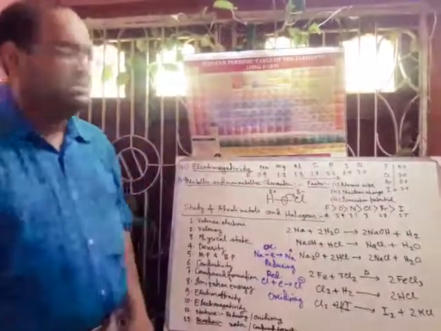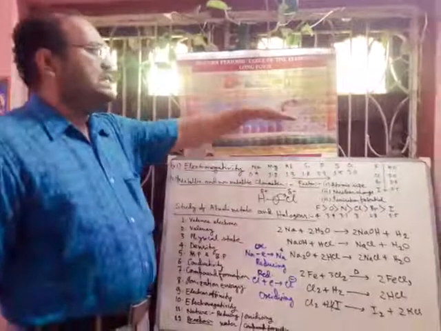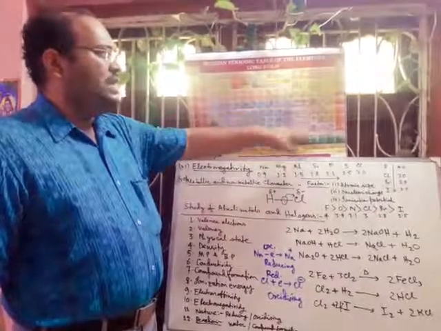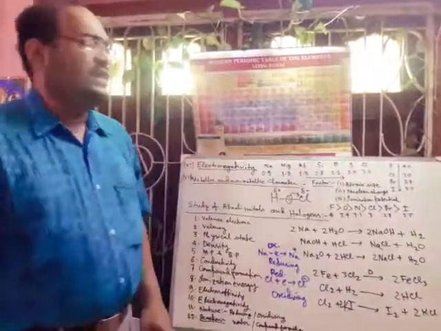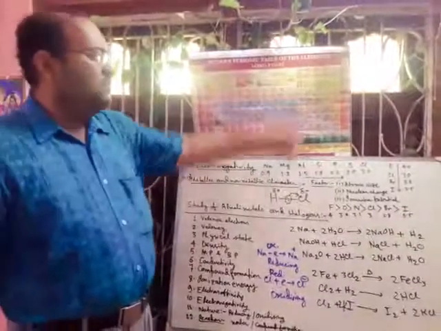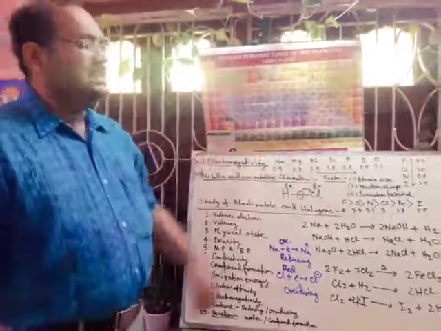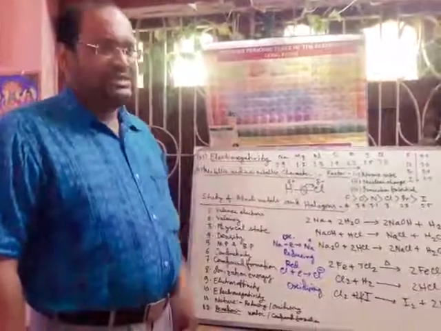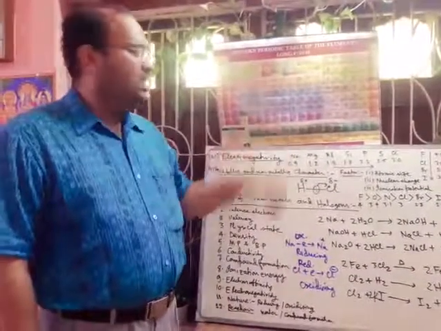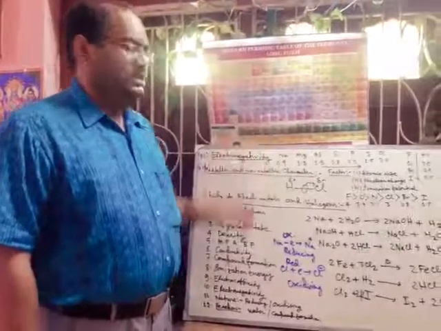Carbon is a non-metal, silicon and germanium are metalloids, tin and lead are metals. So from top to bottom in a group, metallic character increases, as the size increases and IP value, that means ionization potential, decreases.